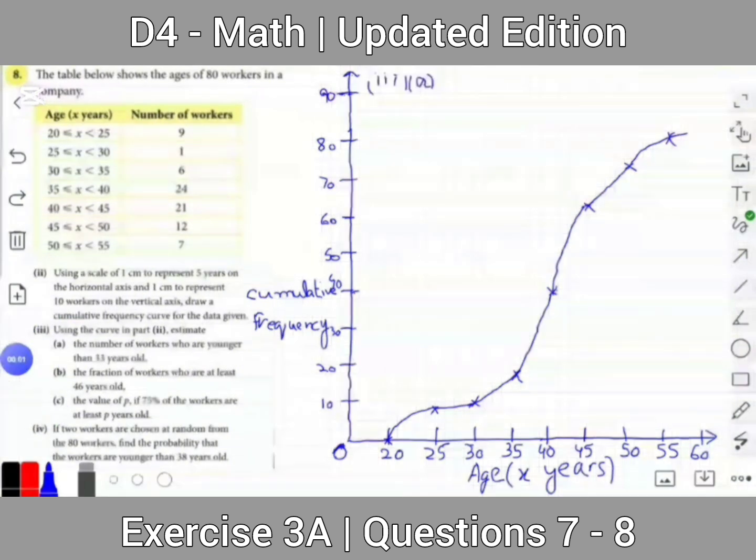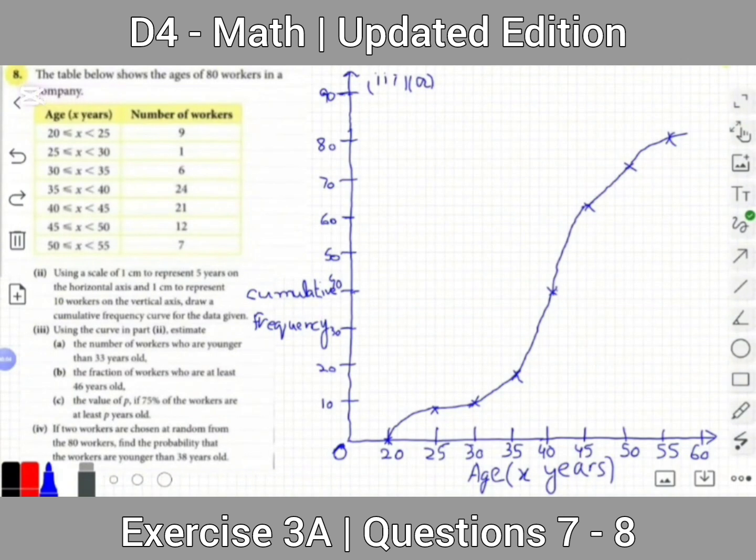In part 3a, using the curve in part 2, estimate the number of workers who are younger than 33 years old. So on the x-axis, we have to identify the point 33. We have 33 somewhere here. And now we will draw a vertical line from the horizontal axis until it cuts the curve.